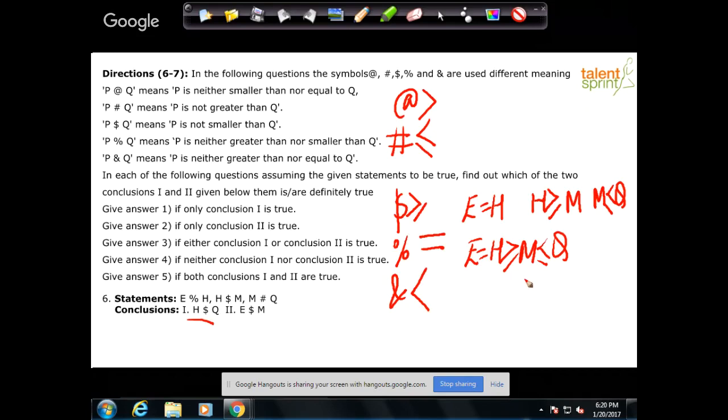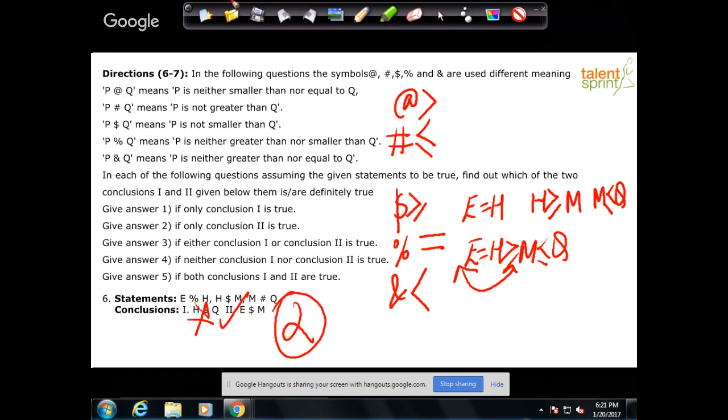Then E $ M would mean that E is greater than or equal to M, which is exactly the relationship that we can see from here. Therefore, the second statement is true. Therefore, the answer for this is 2, because only conclusion 2 is true.